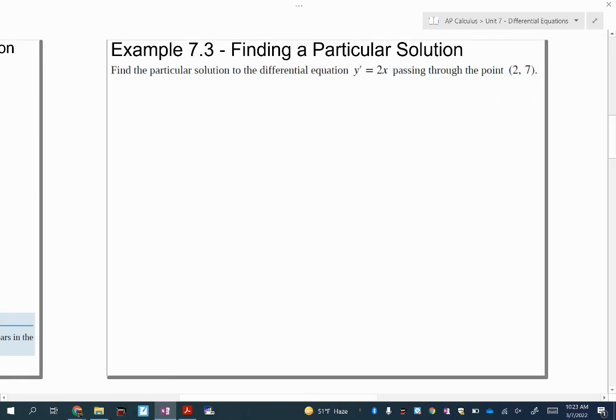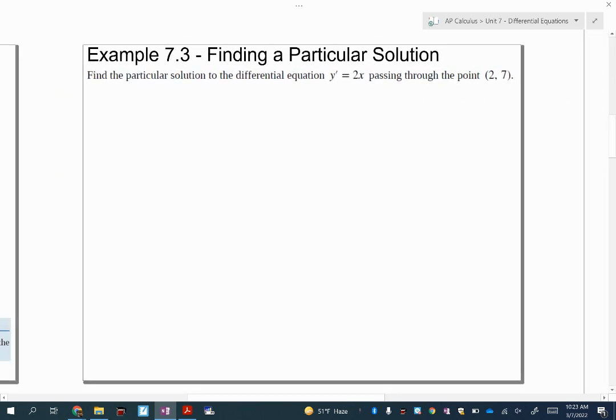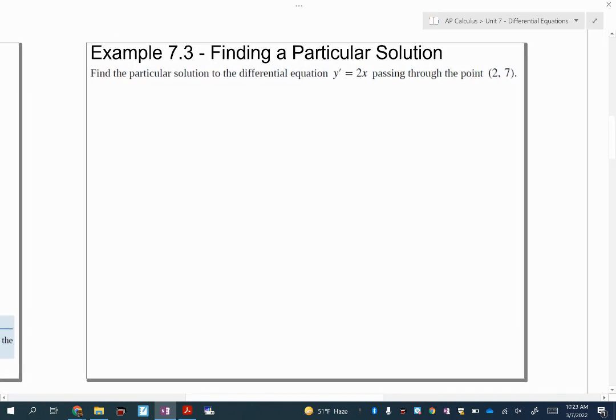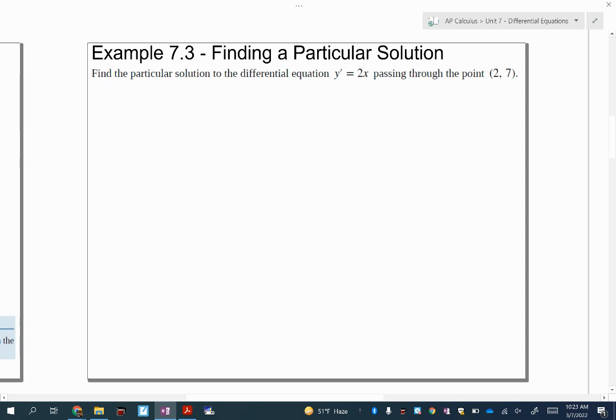Okay, now, one thing that we're going to do is we're going to find particular solutions to this differential equation. And if you look at it, this is as basic as you can kind of get it, because what we have is y prime equals 2x, all right?